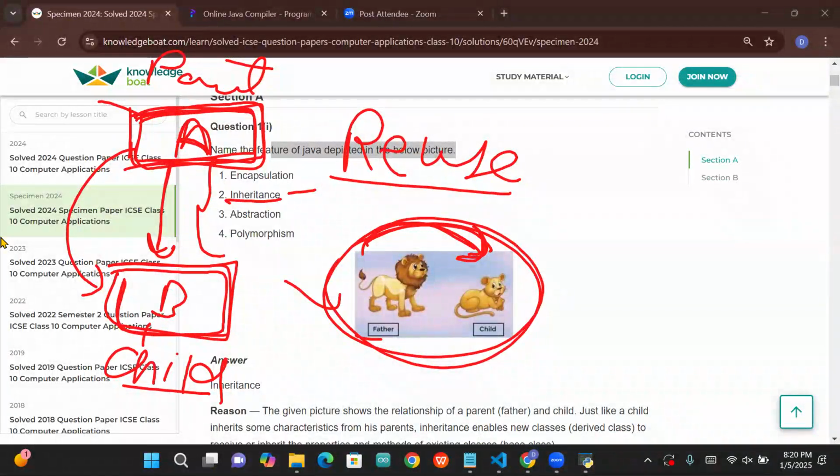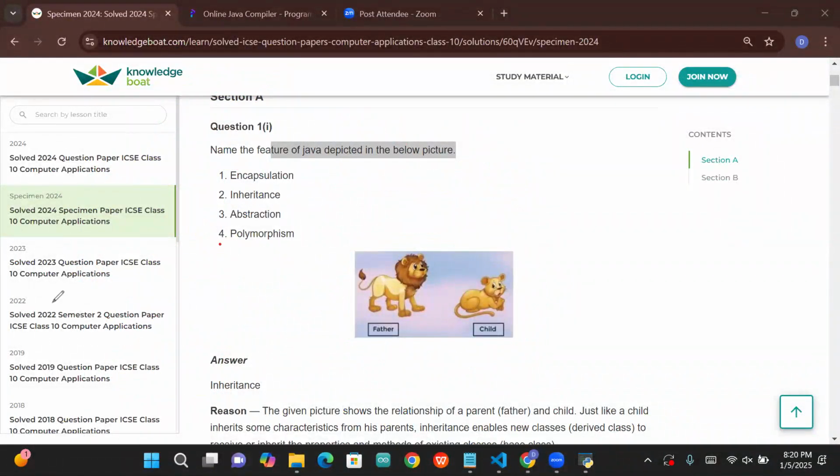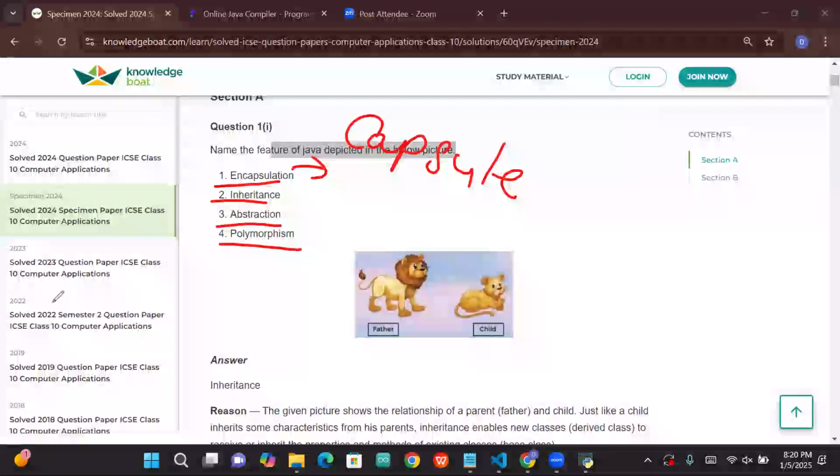What is abstraction? What is polymorphism? What is inheritance? We will talk about these things also. Encapsulation is derived from the word capsule. Probably you have seen capsules, medicines. In capsules there are multiple salts, generally two types. So it is derived from capsule.